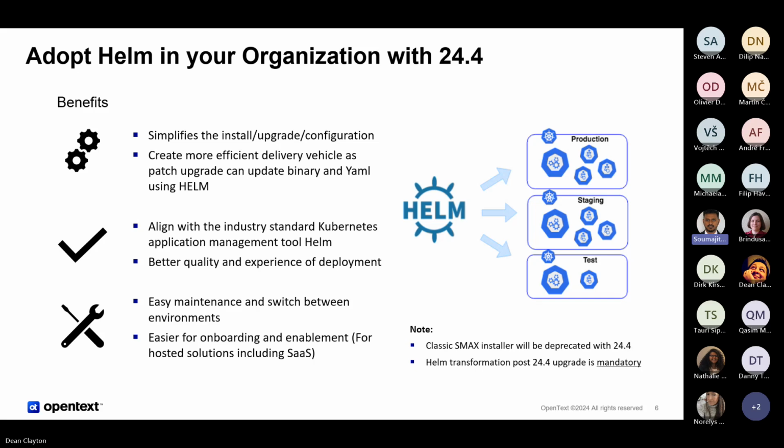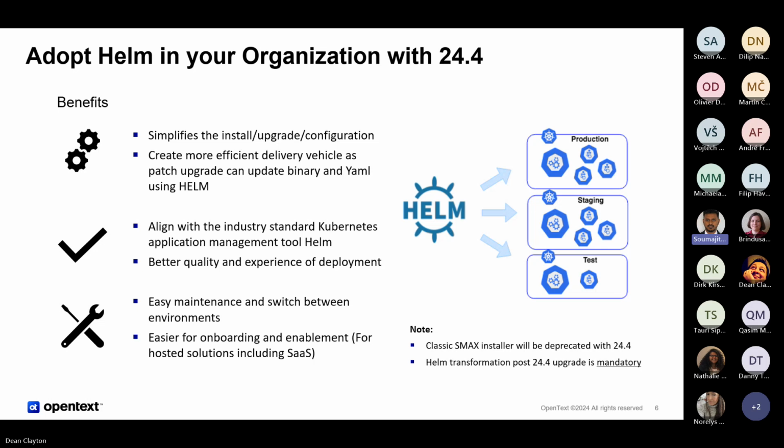Helm chart considerably eases all of the upgrade automation process and install process, and it is much more industry standard. It is also easy to maintain. It is easy to onboard for an MSP customer who has multiple customers that you manage as SMAX as a service. For all of you, Helm-based install and upgrade would make it much easier.